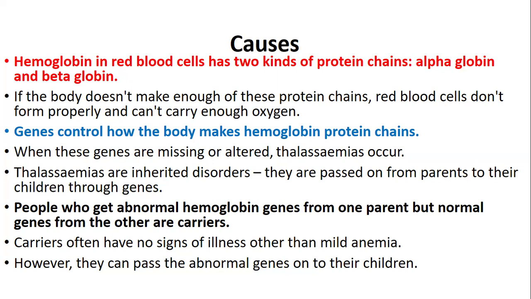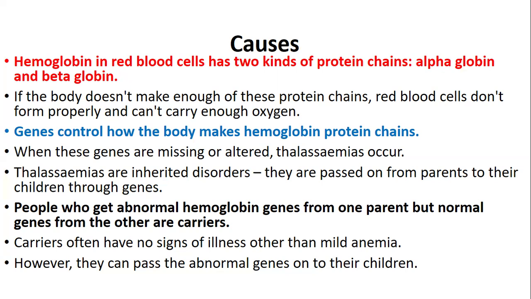But if that child with a recessive gene marries somebody who also has a recessive gene for the same abnormality, the child they have is going to have the anemia, and that child is now going to be a patient.